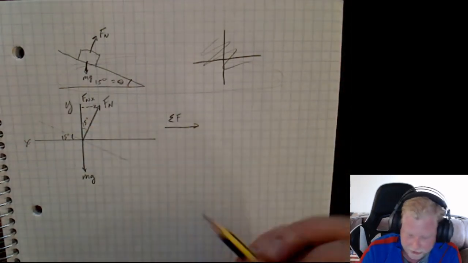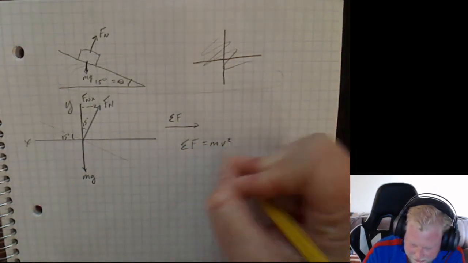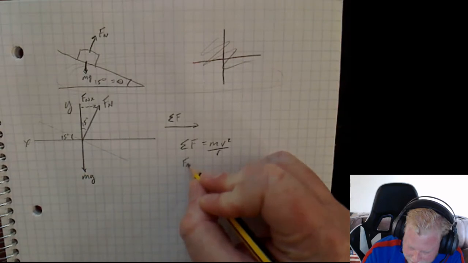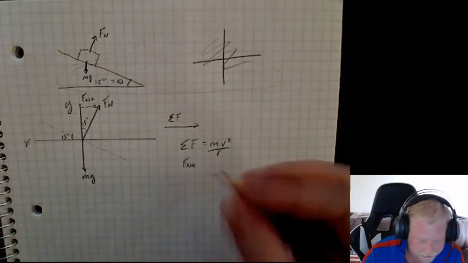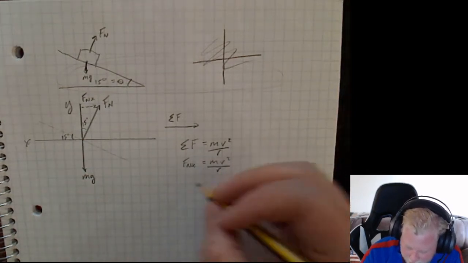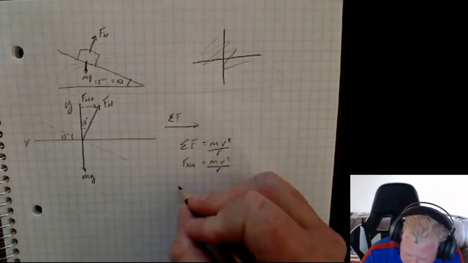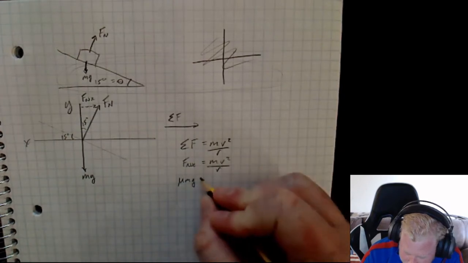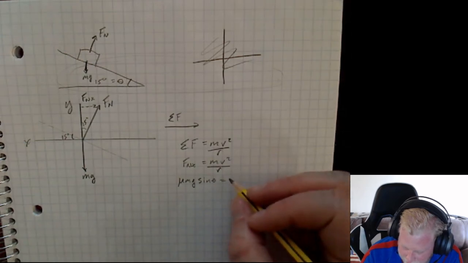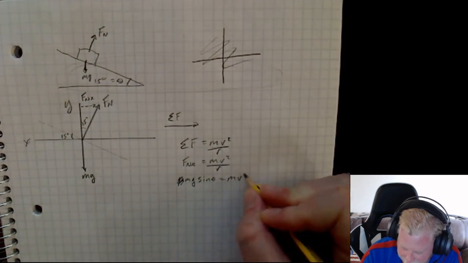The vertical component of it does not exist within this dimension. It doesn't matter. So now if we look at our net force being equal to mass times acceleration, well, our net force in this case is that horizontal component of your normal force, which would be, if this is 15 degrees, opposite over hypotenuse, mg times the sine of theta is equal to mv squared over r.